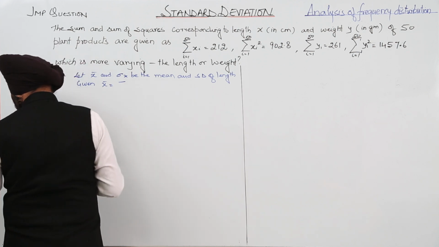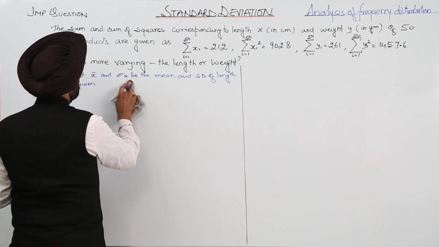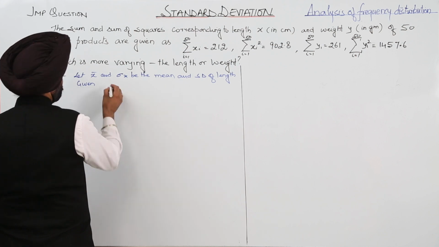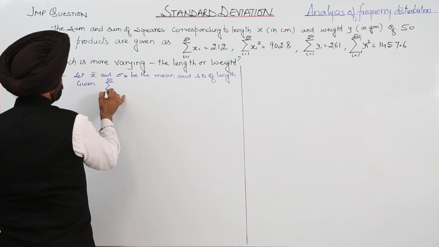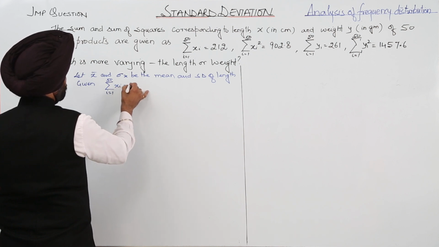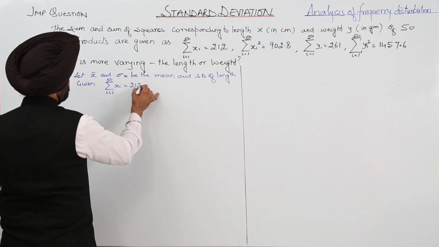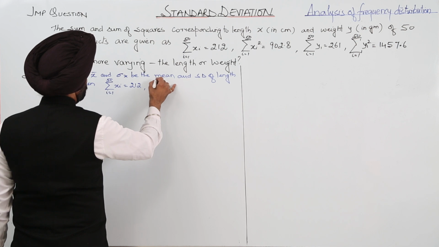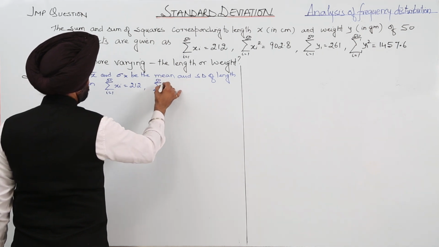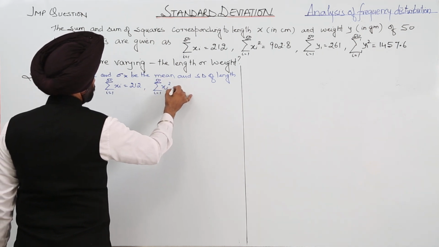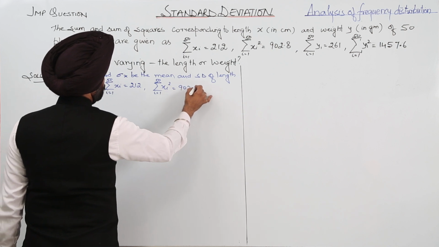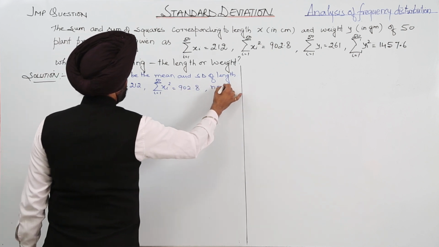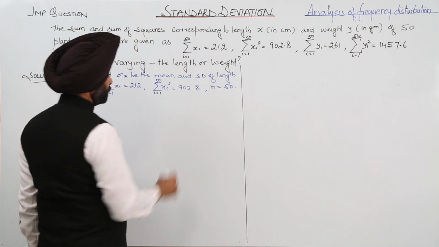Given the sum of the observations is 212, the sum of the squares of the 50 observations is 902.8, and n is 50.